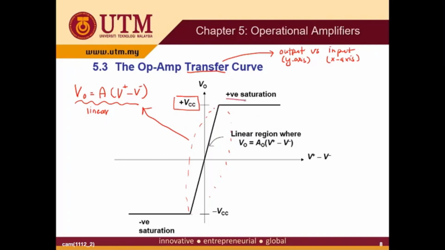This is what we call positive saturation. In the ideal case, the saturation happens at plus VCC. Same goes when the output signal is much lower than negative VCC: there will be a saturation. The output will be fixed at the minimum voltage, which in the ideal case is negative VCC.